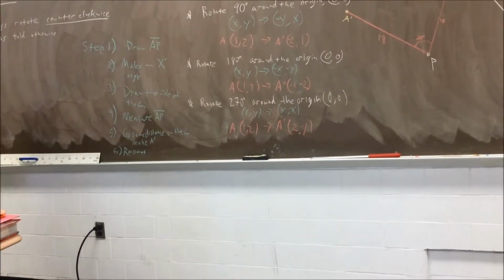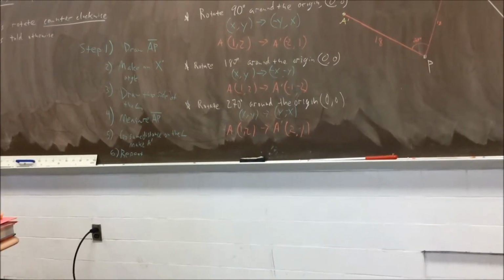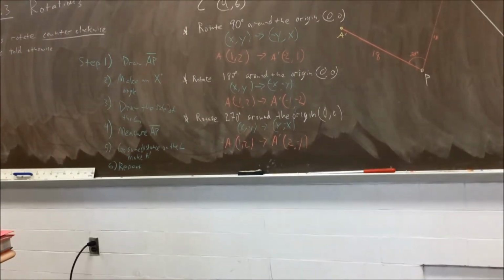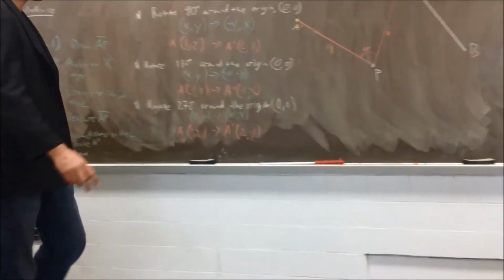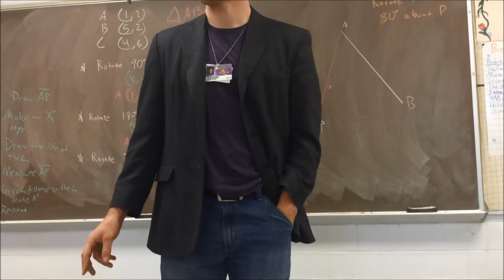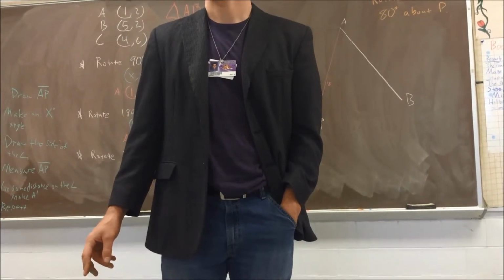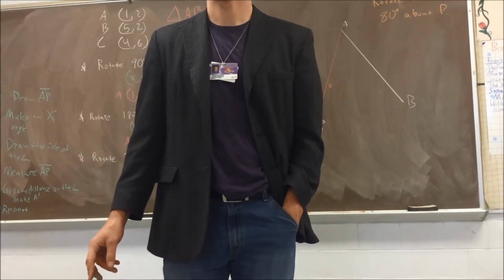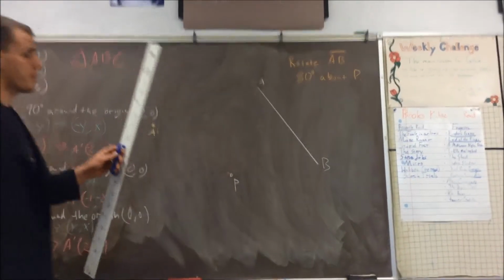Ad infinitum. Till finished. So I'm going to pause here and let you go ahead and try to do B on your own. You'll probably need some help, and then I will come up here and I'll do B. All right, doing point B now.